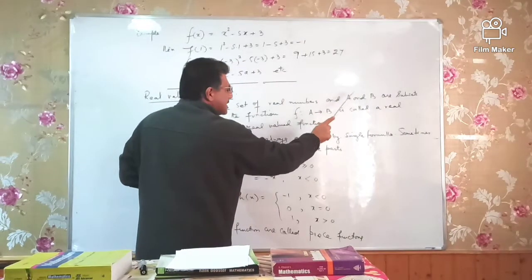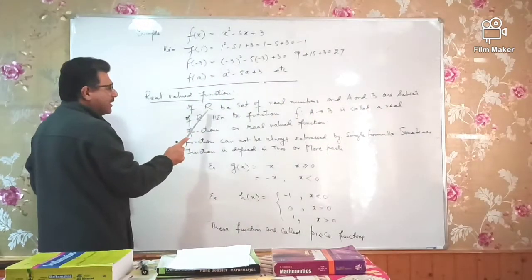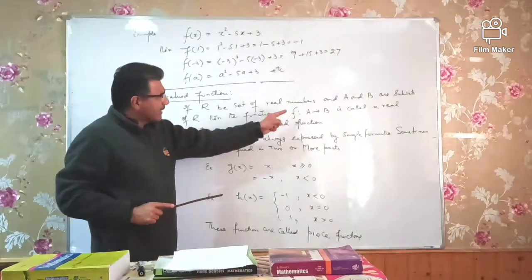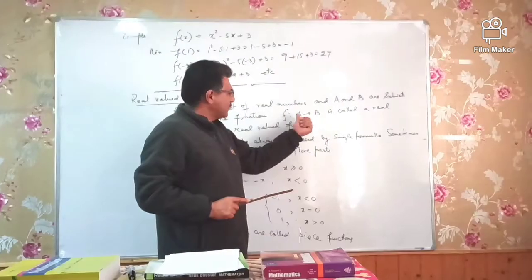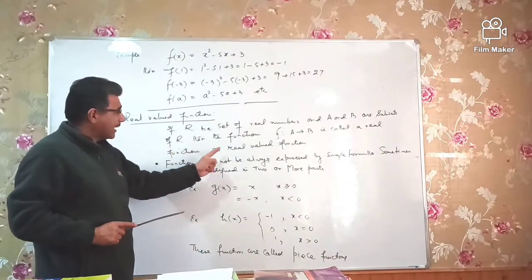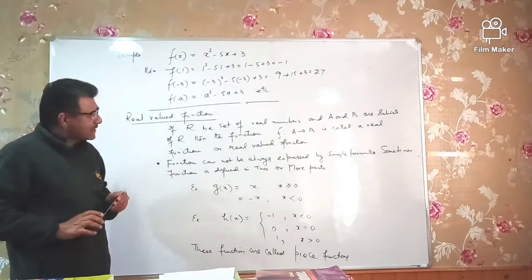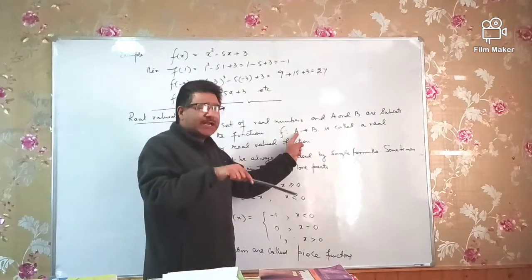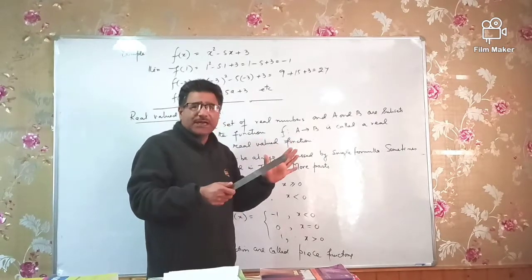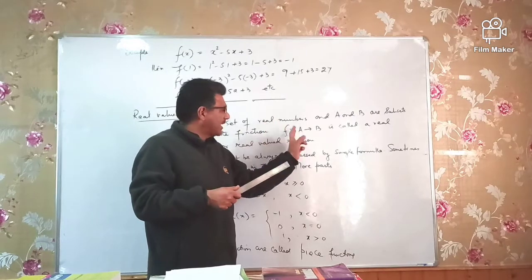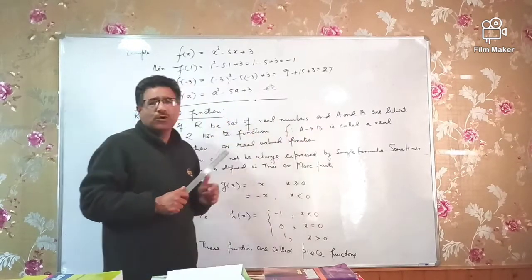But these two sets are subsets of the real set R. Then the function f from A to B is called a real function or real valued function. Why is this called the real valued function? Because only real numbers are involved. A set के अंदर भी real numbers हैं और B set के अंदर भी real numbers हैं. इसलिए इस फंक्शन को जो हमने डिफाइन की फ्रॉम सेट A to सेट B, उस फंक्शन को हम रियल वैल्यूड फंक्शन कहते हैं.